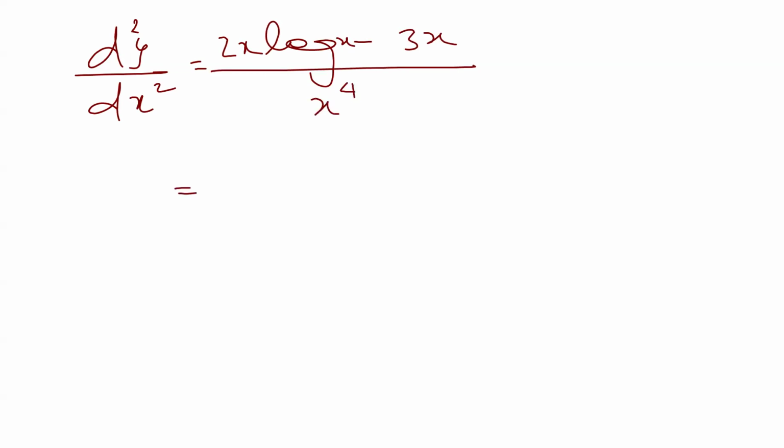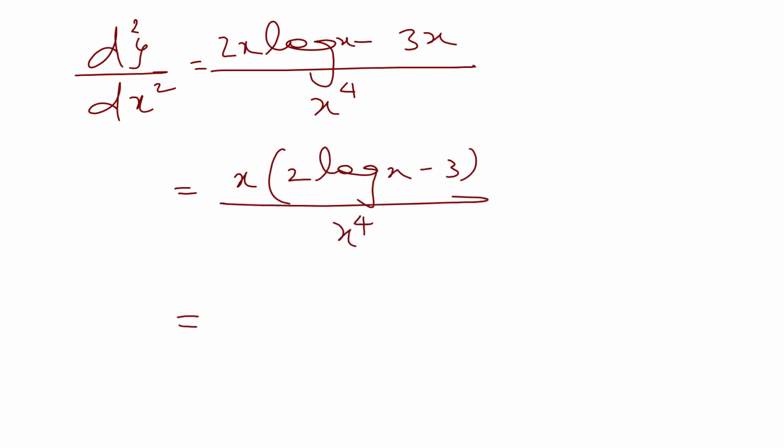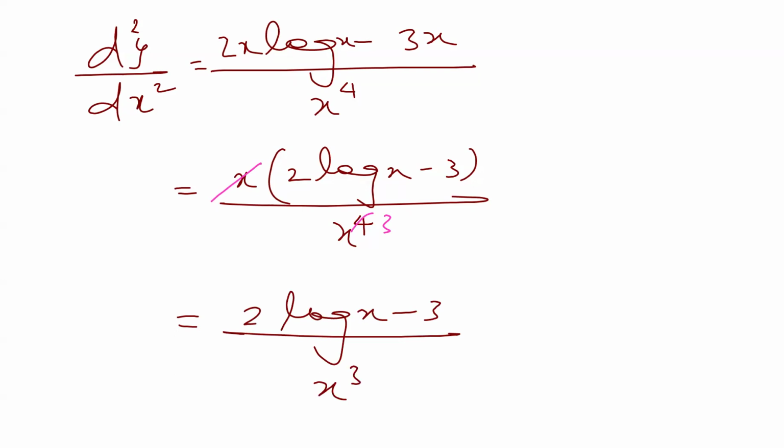Now in the numerator take x common, so 2 log x minus 3 upon x raised to 4. Now one x will get cancelled over here, and we will be left with 3. The power is 3 in the denominator. x cube.